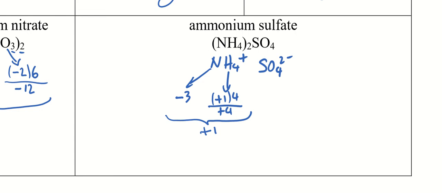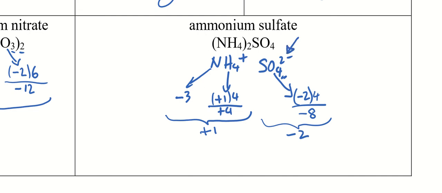So let's take a look at the sulfate ion. We would assign oxygen first, -2. There's 4 of them, times 4, giving us -8. Because the sulfate ion would have to have an overall oxidation state of -2 to correspond with a charge of 2 minus, what would be the oxidation state of sulfur?